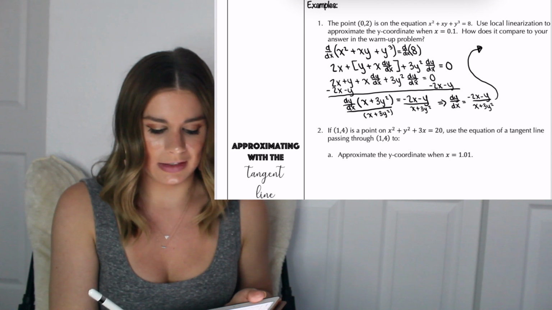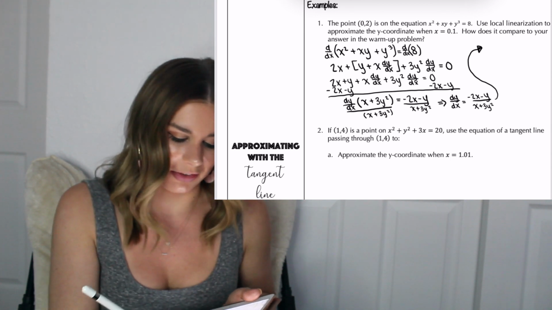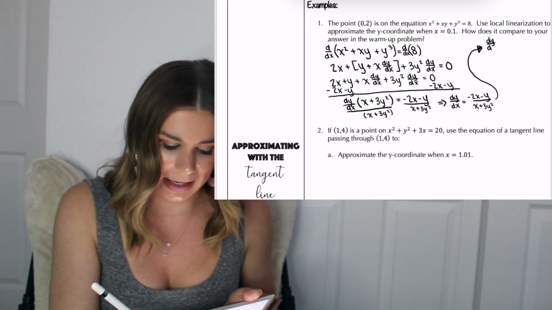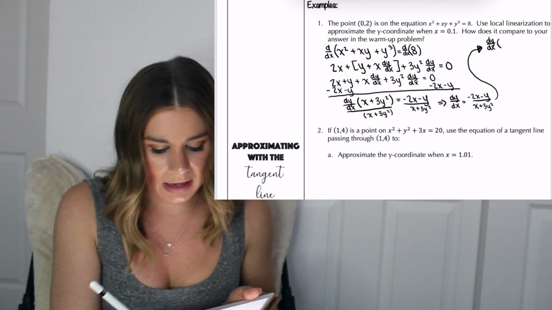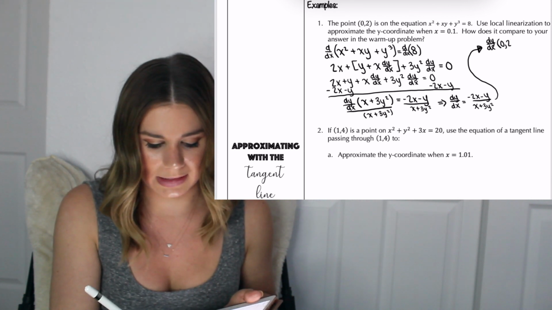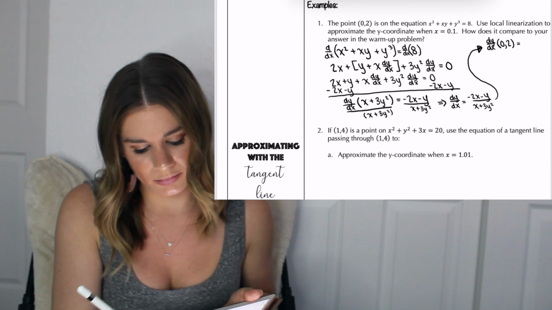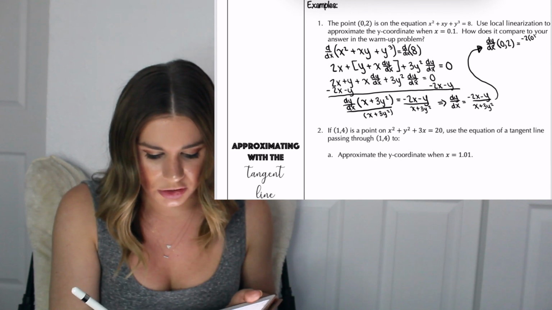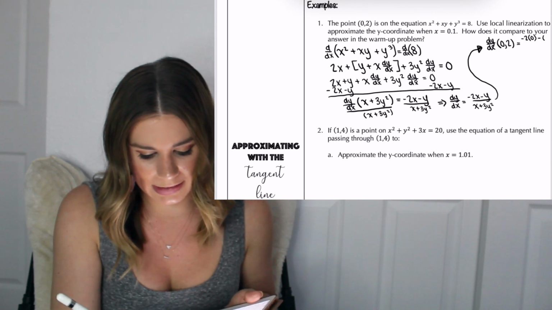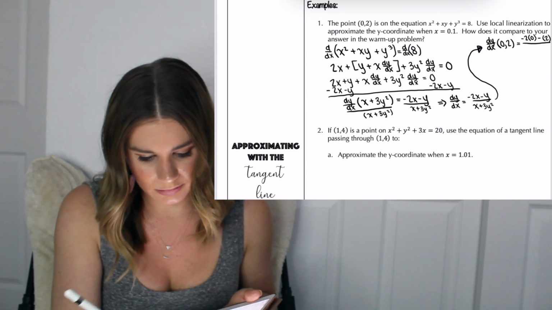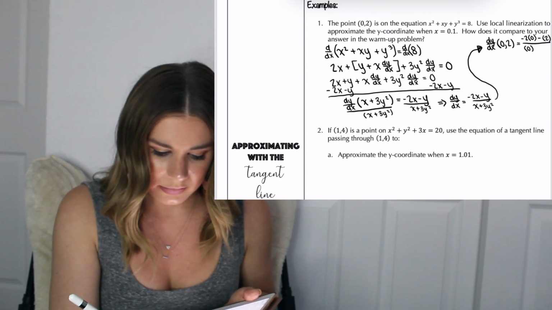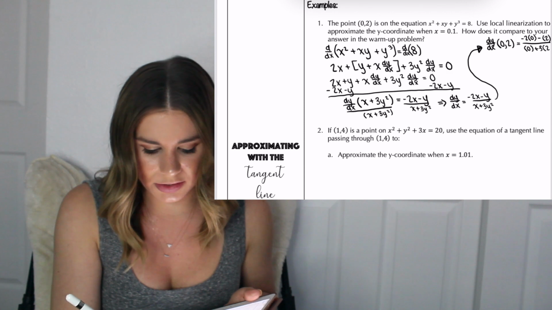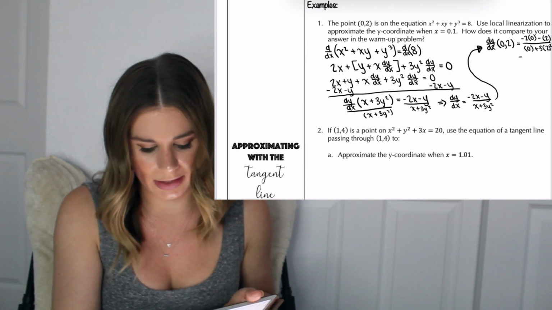I'm kind of running out of room a little bit. So we have dy/dx of, and we're going to plug in the point (0, 2). So that would be negative 2 times 0 minus 2 all over 0 plus 3 times 2 squared.